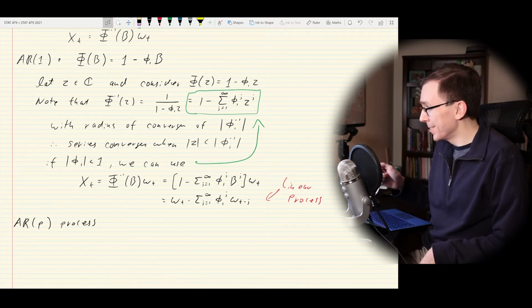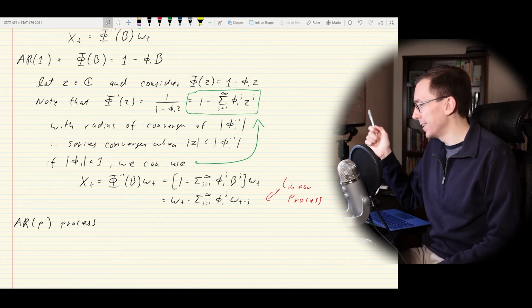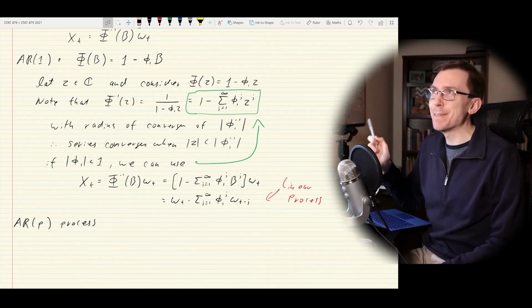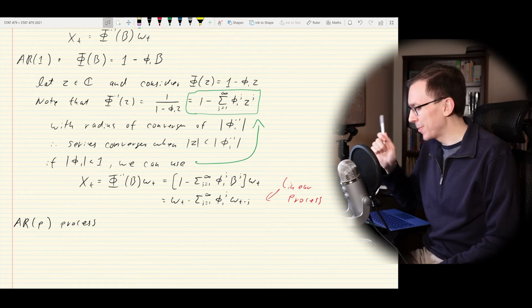And what we can do is rely on a fun little tool, the fundamental theorem of algebra.